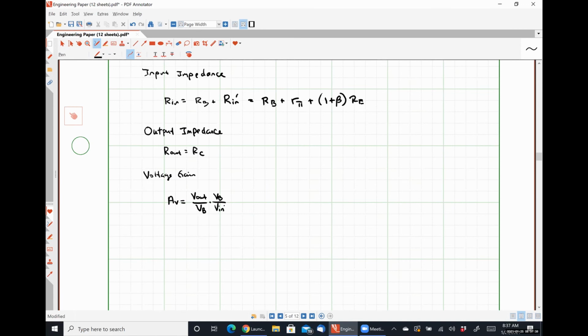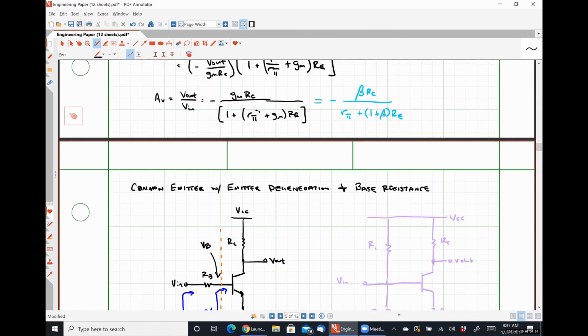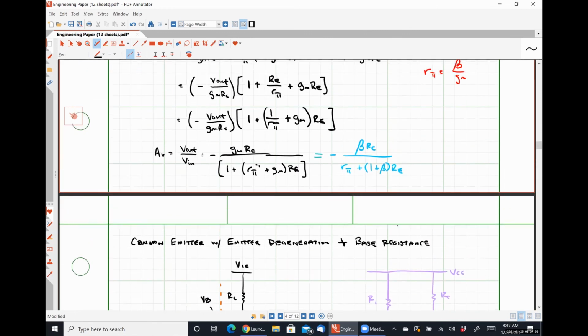So if I can get these 2 transfer functions and multiply them together, it tells me what the voltage gain of the whole system is. Well, I know that V out over VB is just this voltage gain. Nothing changed at all.